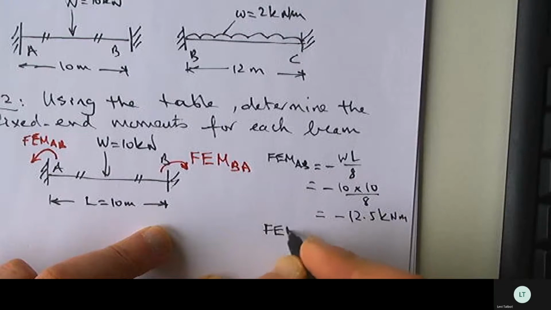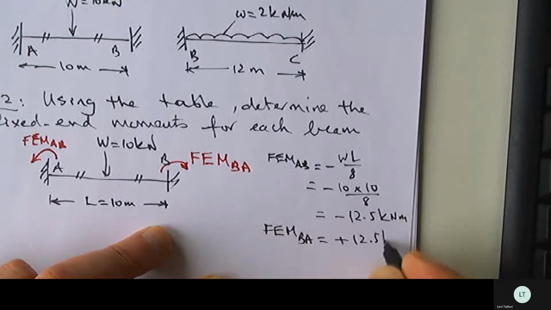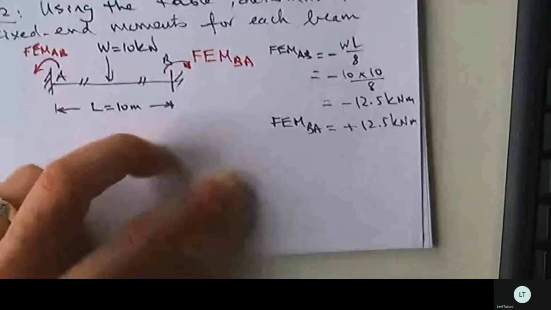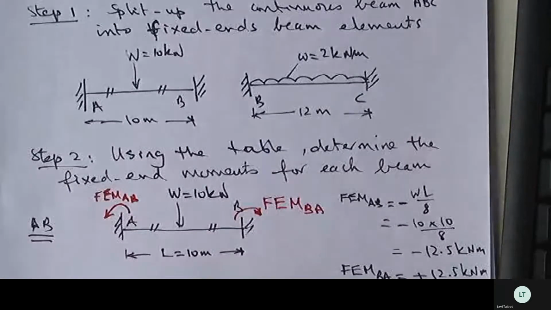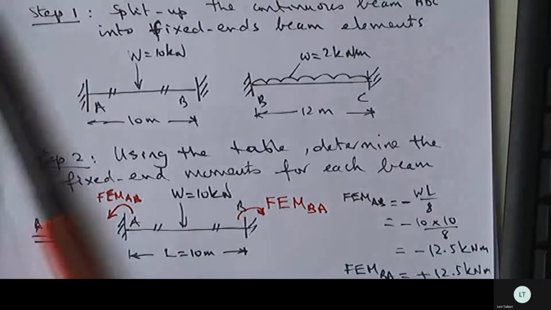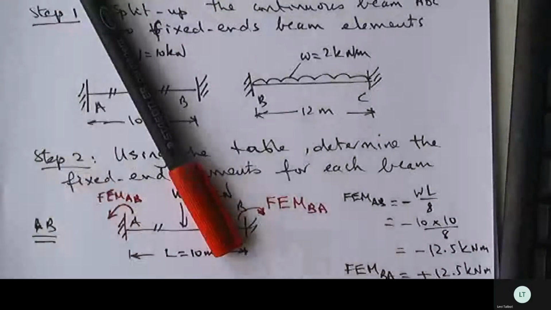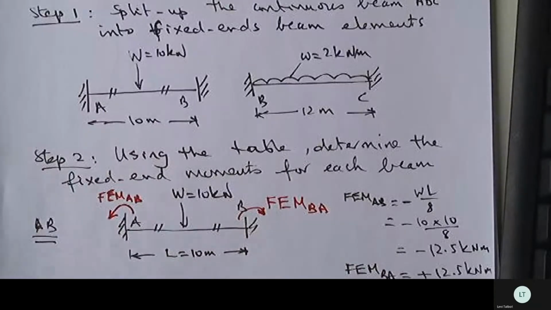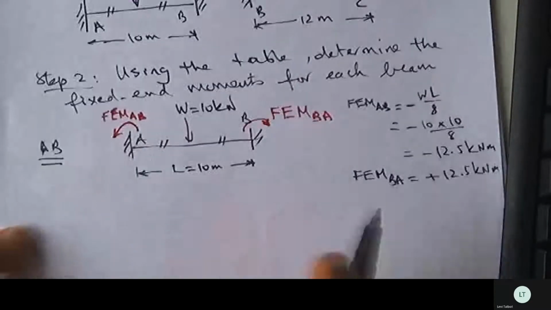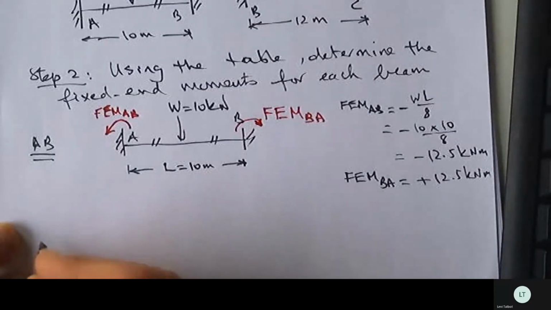And the moment at B will be the same but plus 12.5 kilonewton meters, plus Wl over 8. So we use this equation. Is that clear? Now we do the same for BC.